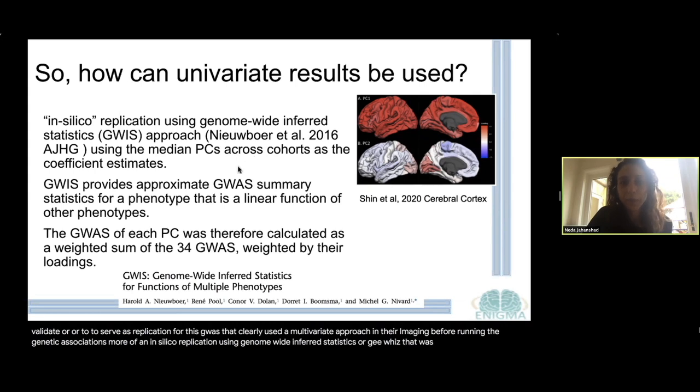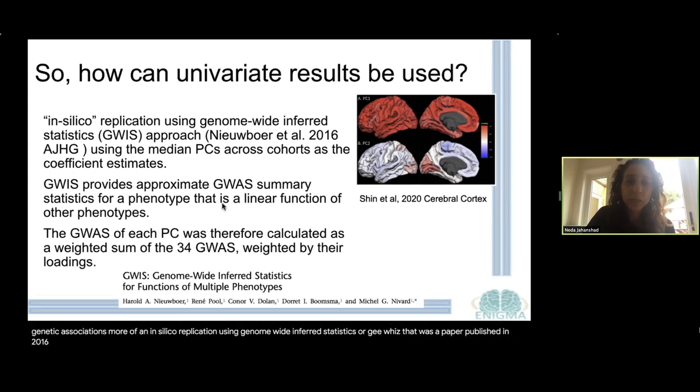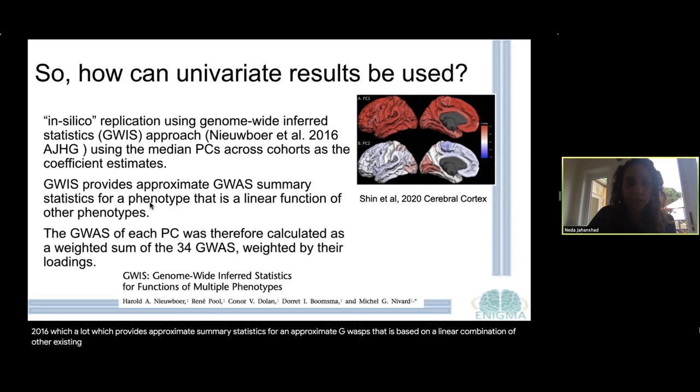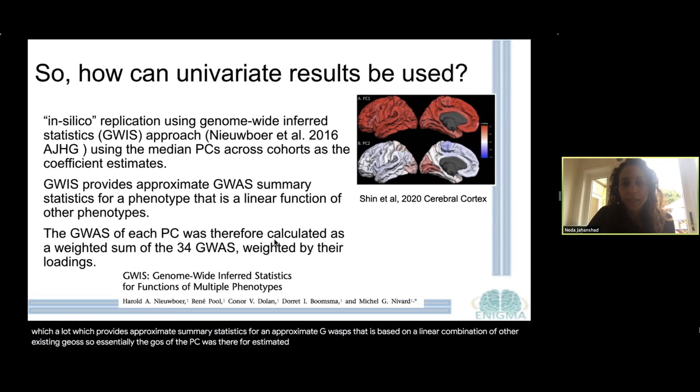That was a paper published in 2016, which provides approximate summary statistics for an approximate GWAS that is based on a linear combination of other existing GWASs. Essentially, the GWAS of the PC was estimated as a weighted sum of the 34 individual regions that we had available, weighted by the PC loadings.